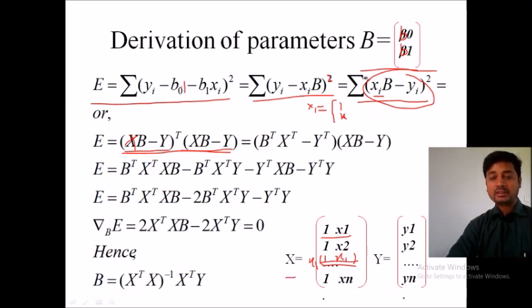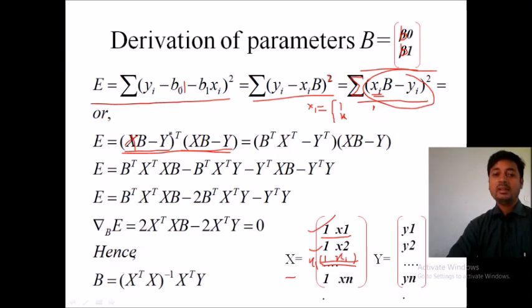As there is summation, it is applied on every row, every observation of x: first x1 b minus y1, then x2 b minus y2, x3 b minus y3, and so on. All together we get x b minus y.